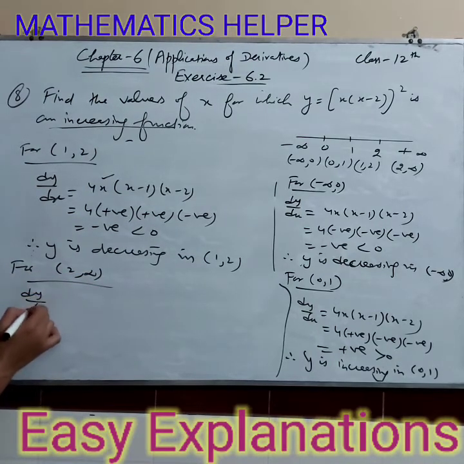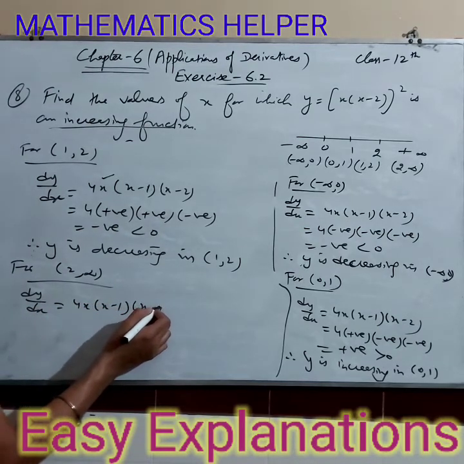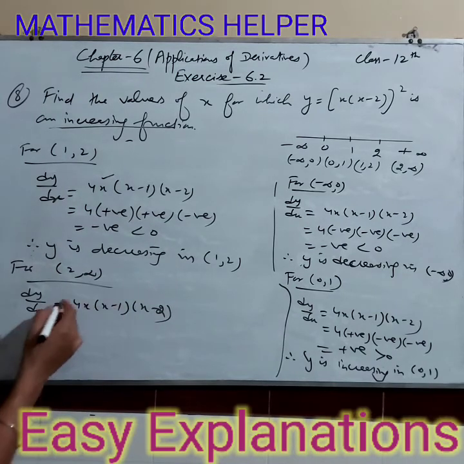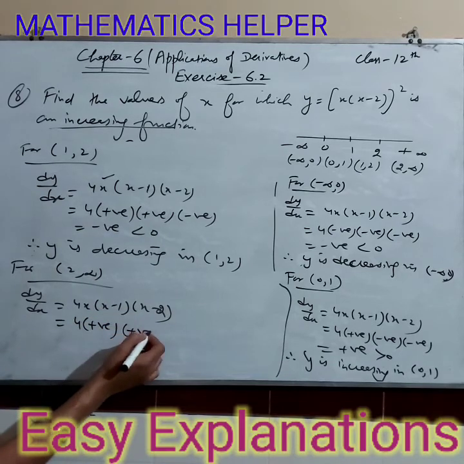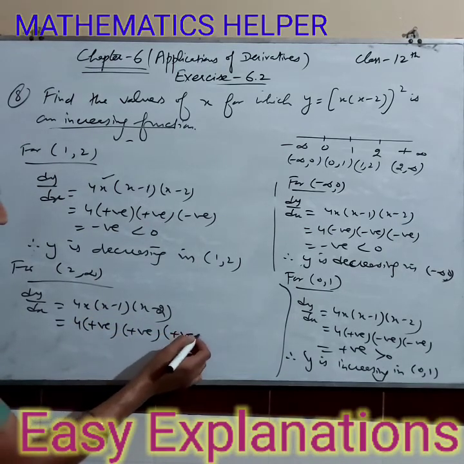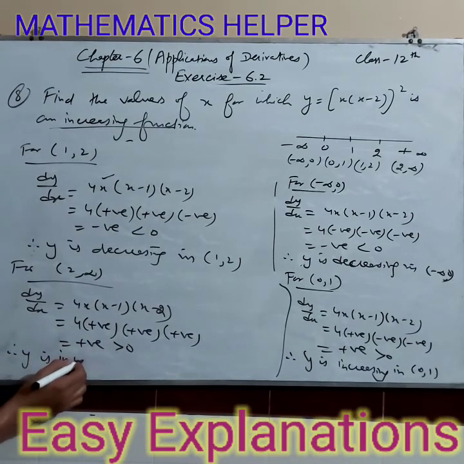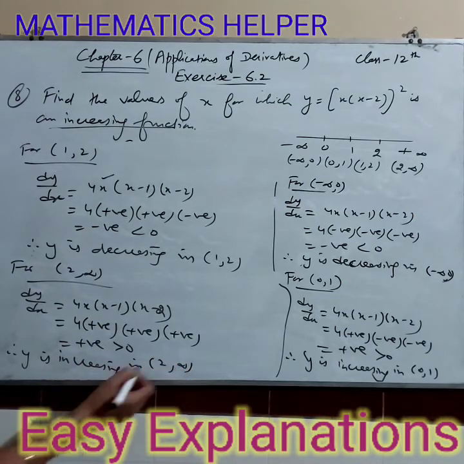Lastly we have for 2 to infinity. So dy over dx, which is 4x, x minus 1, x minus 2. Suppose we have a number 3 between 2 to infinity. So for 3, this x will remain positive. 3 minus 1 will be positive. 3 minus 2 will be positive. So ultimately our sign of answer will be positive, which is greater than 0. Therefore y is increasing in 2 to infinity.